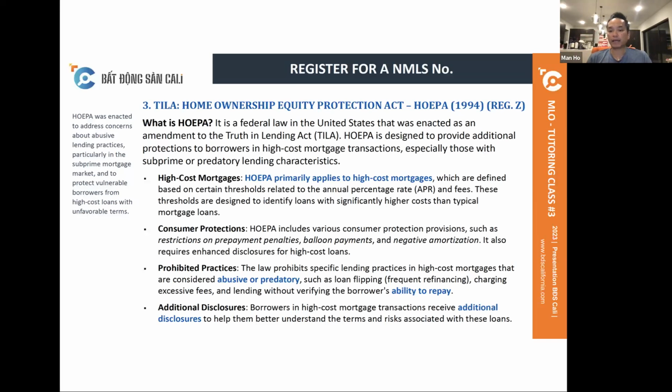Okay, negative amortization. If you pay evenly every month over the whole term of, let's say, 30 years, eventually your balance is going to go down. However, with negative amortization, regardless of what you pay, your balance keeps going up.